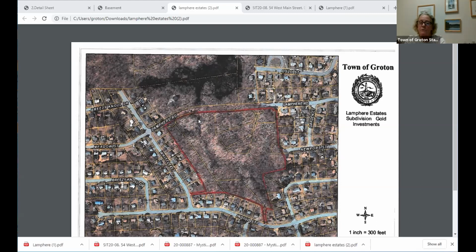The reason we are expiring the subdivision is so that the tax collector can sell this property as one piece, rather than selling off individual lots, knowing that it's unlikely the public improvements would ever be complete. So she will sell it as one piece, and you may see another subdivision application come through on it. I can answer any questions that you have.